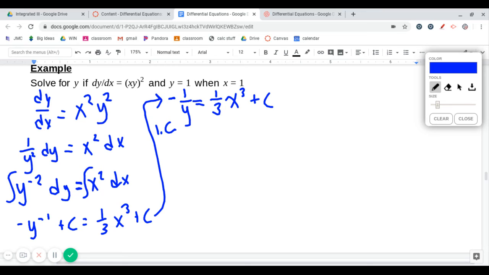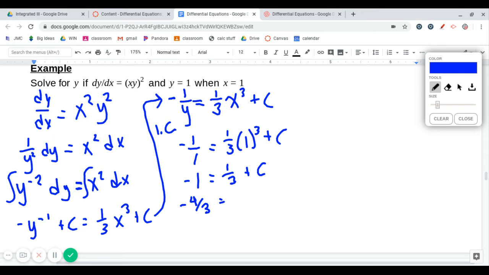So when y equals 1, we plug in 1 for y, and when x equals 1 as well, we plug in 1 for x to find c. So negative 1 over 1 is negative 1. 1 cubed is 1 times 1/3 is 1/3 plus c. So that means we subtract 1/3 from both sides and we get negative 4/3 equals c.